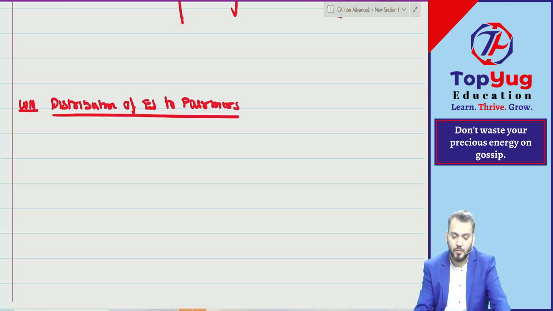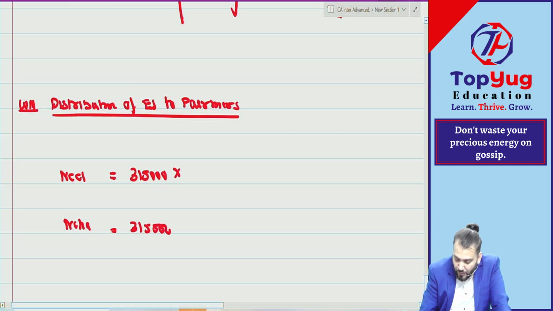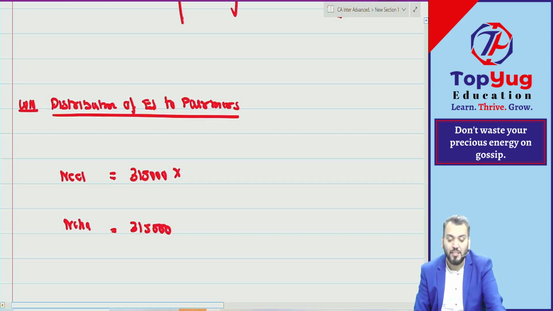Understood? Correct. So when we distribute equity shares among Neil and Neha, how much is it? 3 lakh 15,000. So this will be allocated in which ratio? Final balance ratio. What is the final balance ratio of Neil?